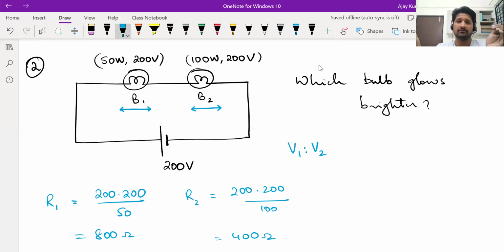So totally it has to be divided into 3 parts. So first the ratio that you have, add it up. 2 plus 1 is 3. Divide 200 by 3, that is 1 part. And 2 parts of that you have to give to the first bulb. So 2 into 200 by 3. 1 part of that you have to give to the second bulb. So 1 into 200 by 3.